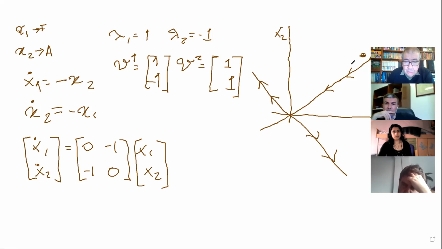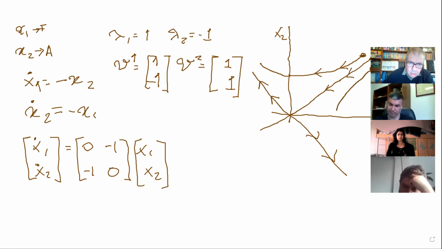It's the composition of the two movements, no? So you approach the origin and you do something like this, and then you continue. If you start here, what do you do? You go down to the origin, and then you start to go outwards. Something like this, okay? You agree?